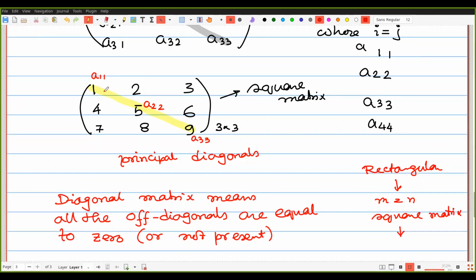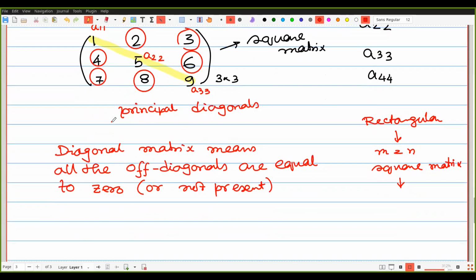So if we check that matrix, at first, the principal diagonals are 1, 5, 9. But off diagonal means that one is an off diagonal, that one is an off diagonal, and so on. So these elements have to be equal to 0.